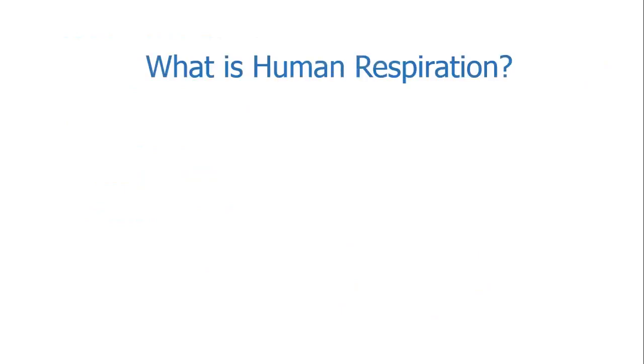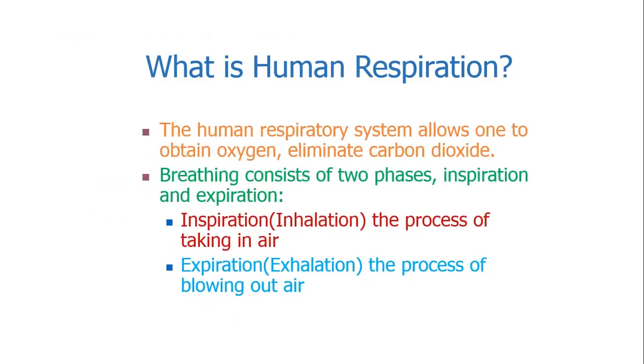What is human respiration? The human respiratory system allows one to obtain oxygen, eliminate carbon dioxide. Breathing consists of two phases, inspiration and expiration. Inspiration or inhalation, the process of taking in air.